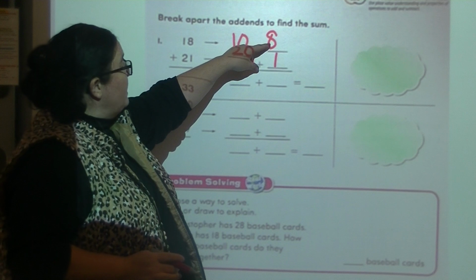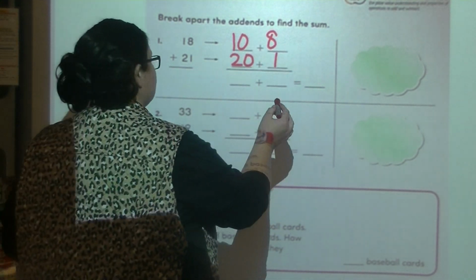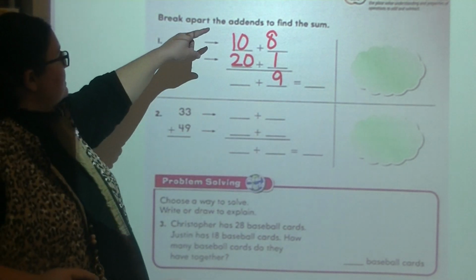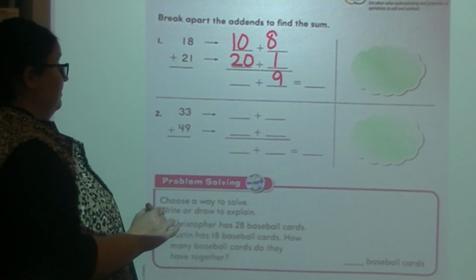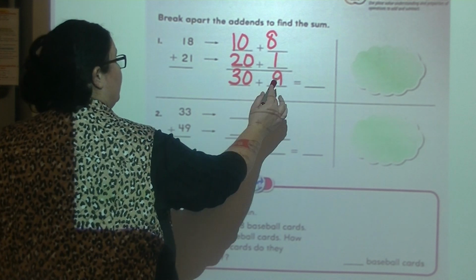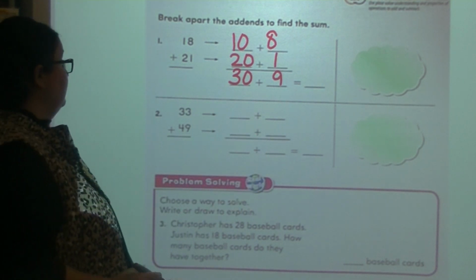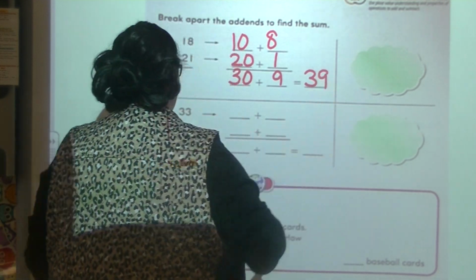So our ones place, 8 plus 1 equals 9. This time it is not greater than 10. And then we have 10 plus 20 is 30. So 30 plus 9 is 39. So check your answer. You should have 39.